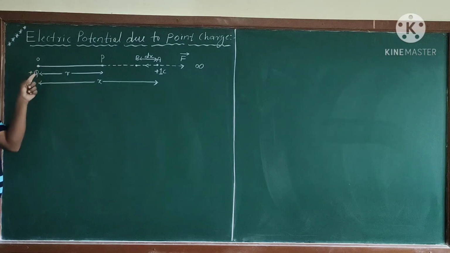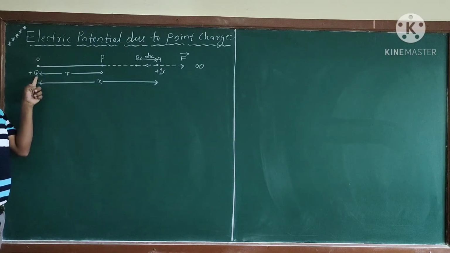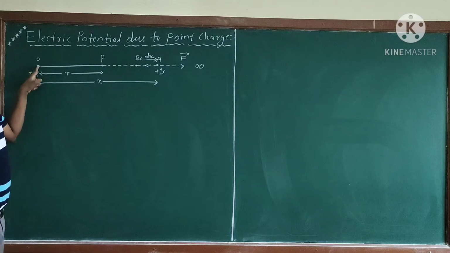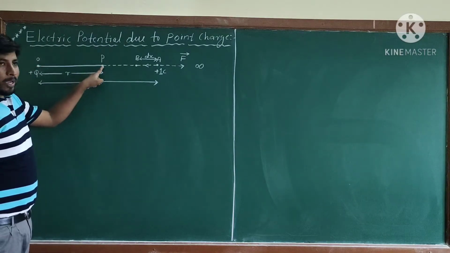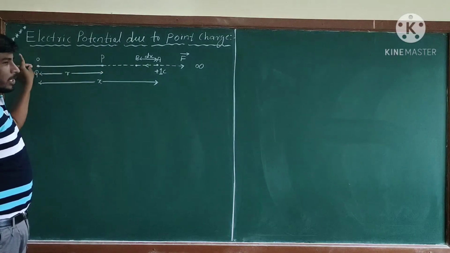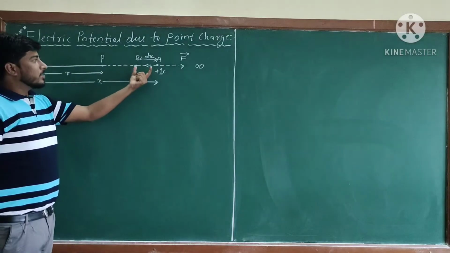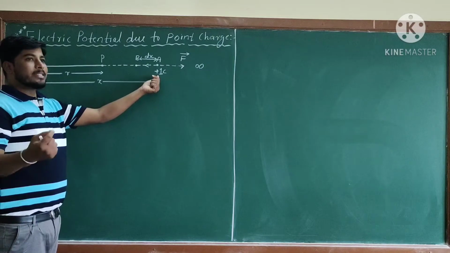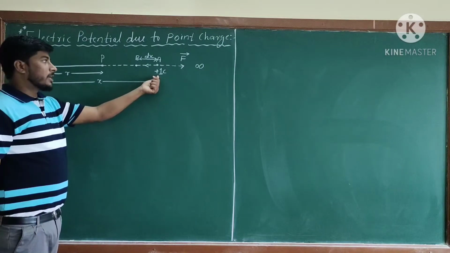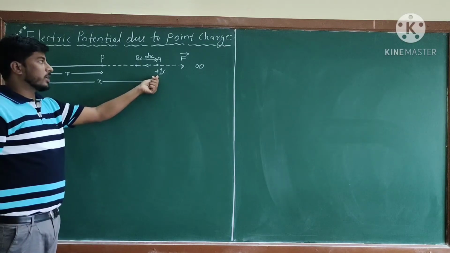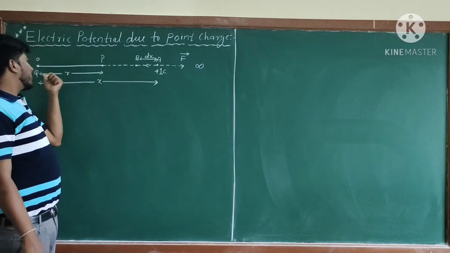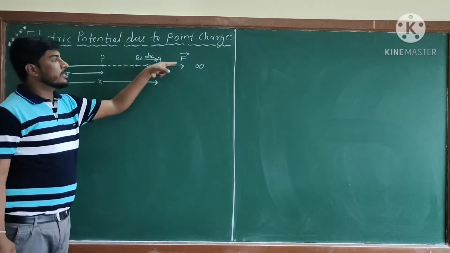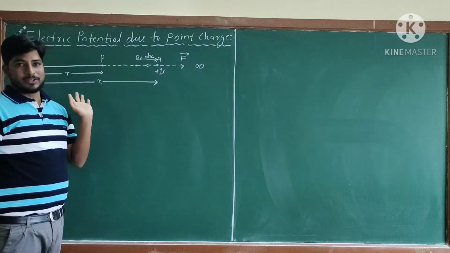We consider a point charge at the origin O. Let P be a point at a distance R from the origin. We consider 2 points A and B. At point A, we have placed a 1 Coulomb charge so that we can find the potential. So the force due to this point charge is in this direction.